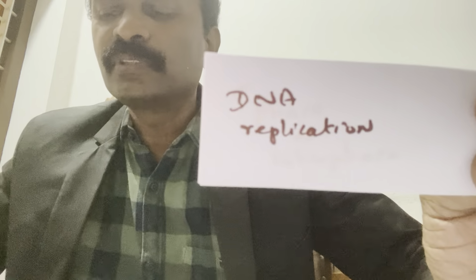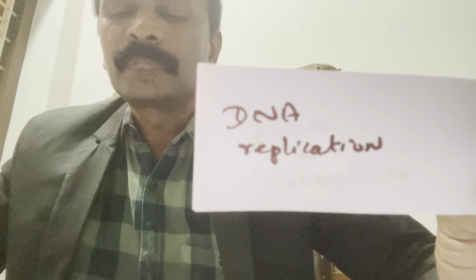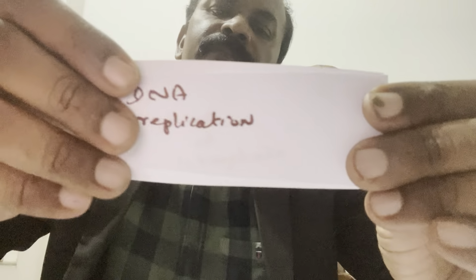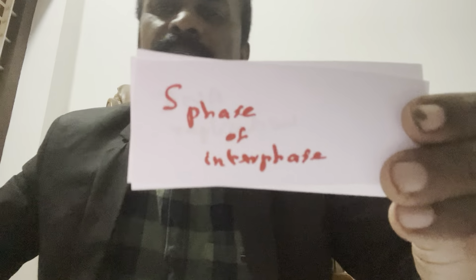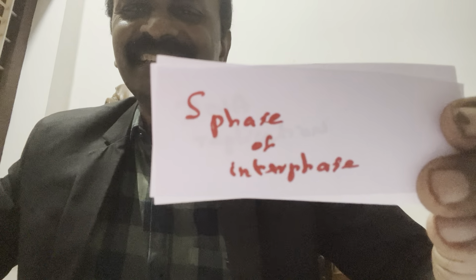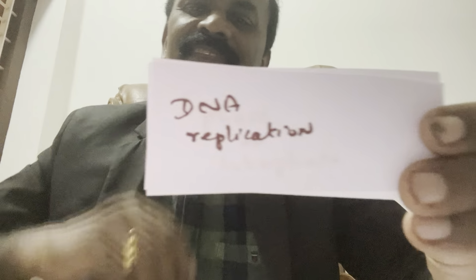DNA replication occurs in which phase of the cell cycle? DNA replication occurs in S phase of the cell cycle.